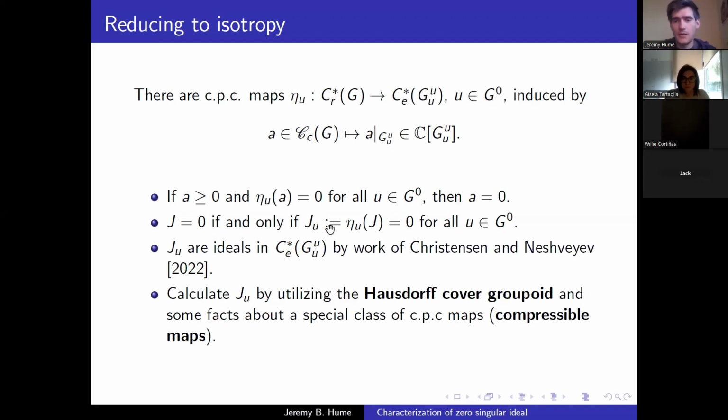They were studied by Christensen and Neshveyev in 2022, and they're shown to be ideals in the group C-star algebras with these norms E. So the strategy is to calculate what these isotropy fibers are by utilizing the Hausdorff cover groupoid and some facts about a special class of CPC maps, which I call compressible maps.